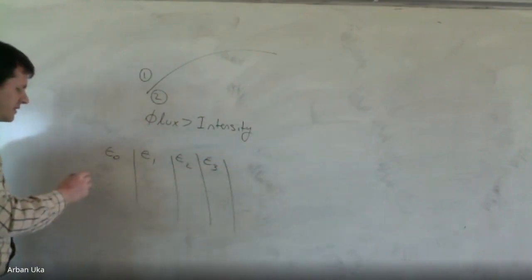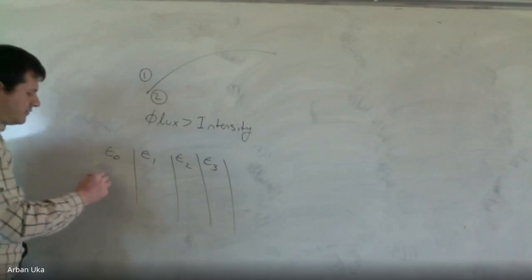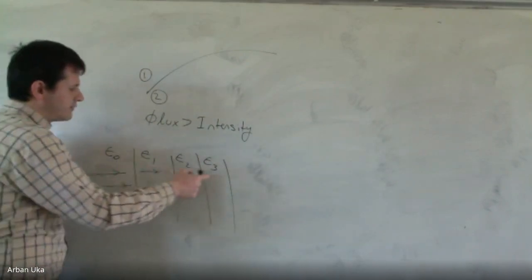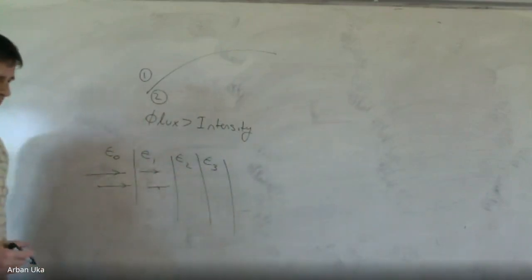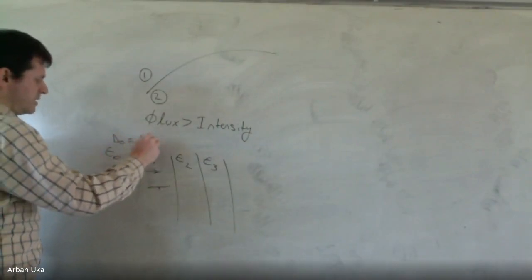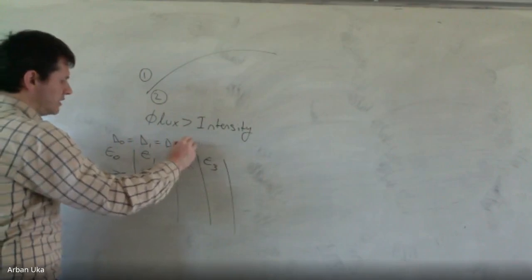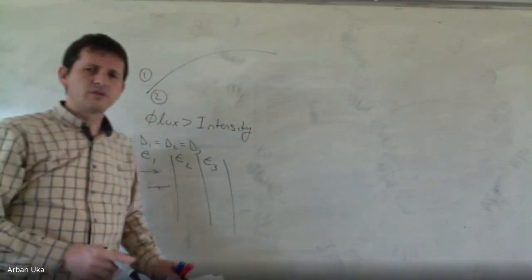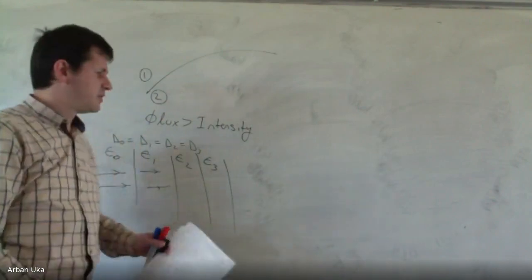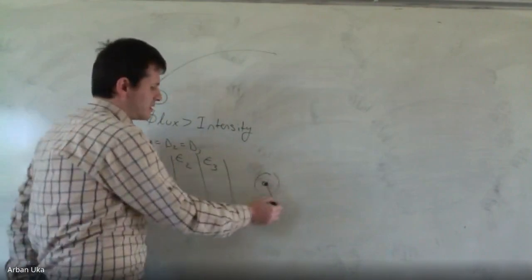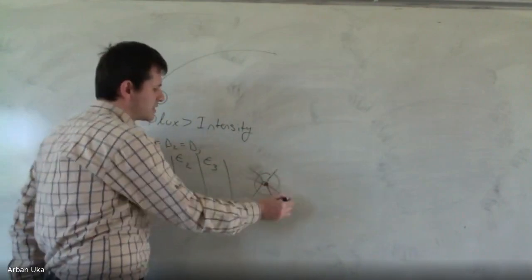So if we have a field which is flowing in this direction, we have 1, 2, 3, 4. We have 4 different mediums. One quantity which is going to be constant is the following: P0 is equal to P1 is equal to P2 is equal to P3. Because this is a flux, and flux is equivalent to the number of field lines. Imagine for a moment that we have a charge here, and this charge has 10 field lines which point out like this, but they go in straight lines.